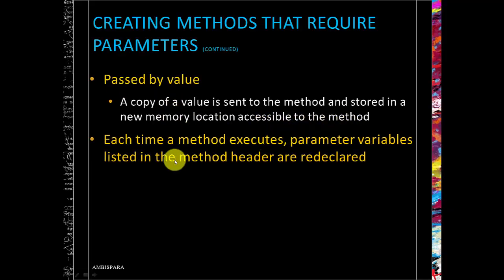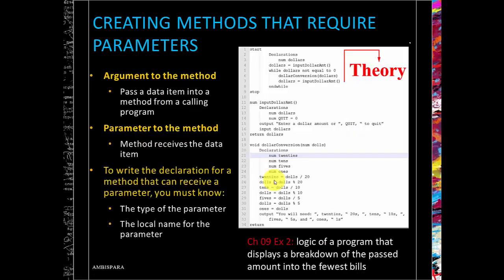So each time a method executes, parameter values listed in the method header are redeclared. So for every single loop that happens, these variables are redeclared, every time this method executes, until the user presses 0.